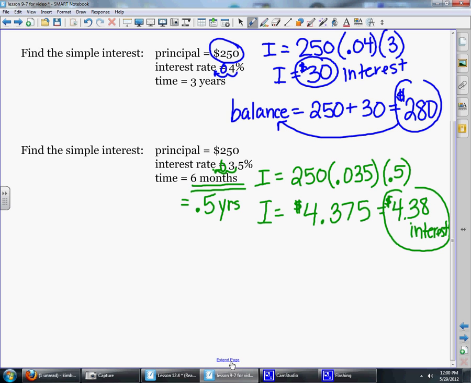But now if we wanted to know the balance, which they don't ask us for, they just ask us to find the interest. But if we wanted to find how much we had in our account, we would take $250 and we would add to that the $4.38, which just is, oh yeah, that's right.